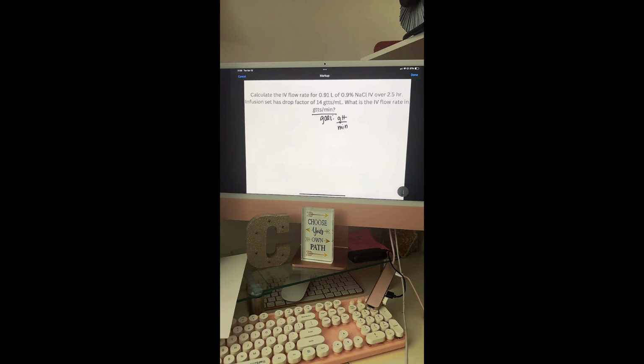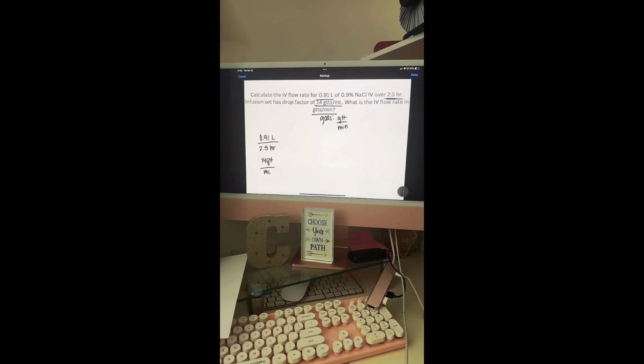So what is our infusion volume? We look for milliliters and liters. So that's 0.91 liters. What is your infusion time? 2.5 hours. And we also know that we need our drop factor, which is 14 drops per milliliter.